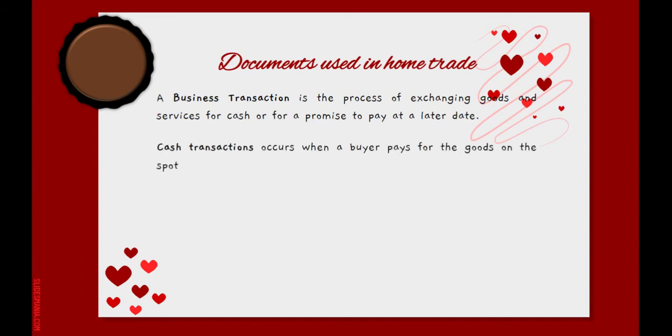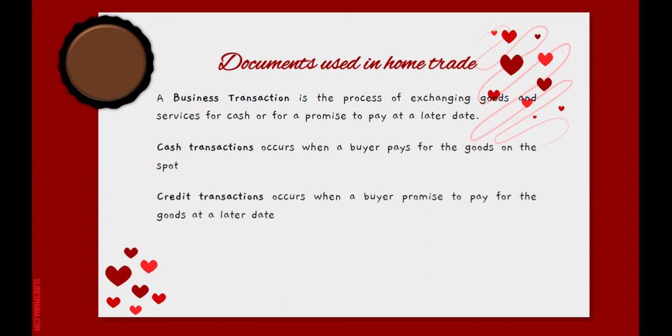Cash transactions occur when a buyer pays for the goods on the spot. So we can say that a business transaction may take place on a cash basis, in which case goods are paid for before or on delivery, or a short while after delivery has been done.